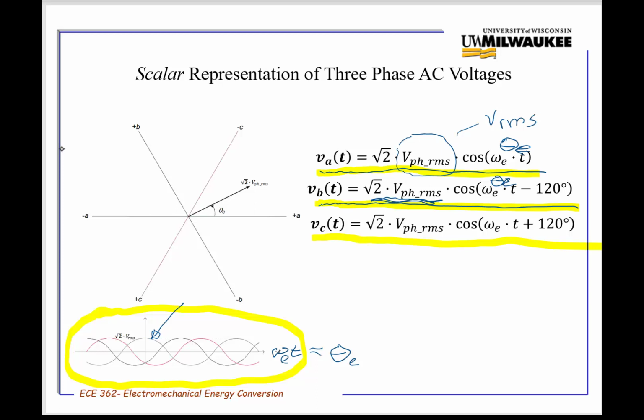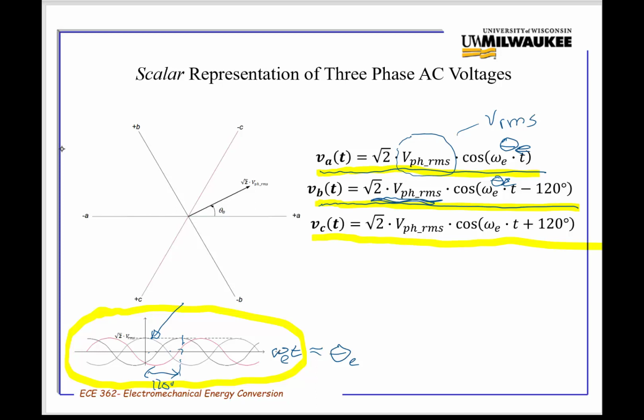When theta e minus 120 is equal to 0, I'm going to hit another peak. So I'm going to move out here, and this is that point right here. So there's 120 degrees. I hit another peak.